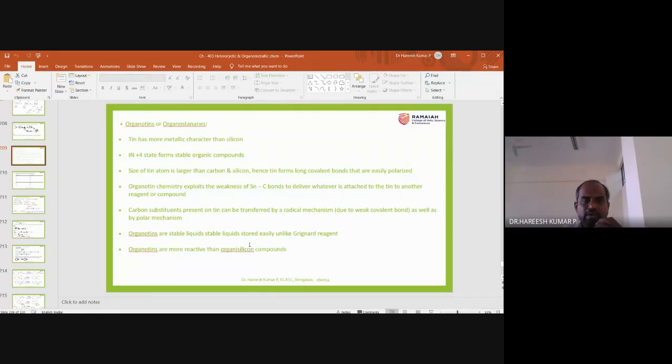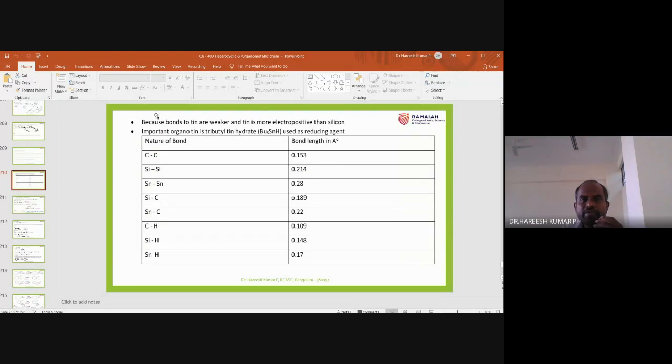That information is available in the next slide. So look here, because the bonds are weaker and tin is more electropositive than silicon.